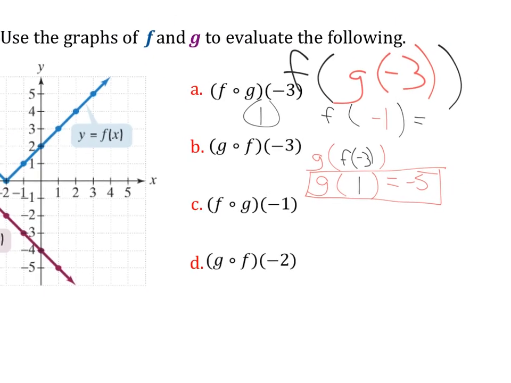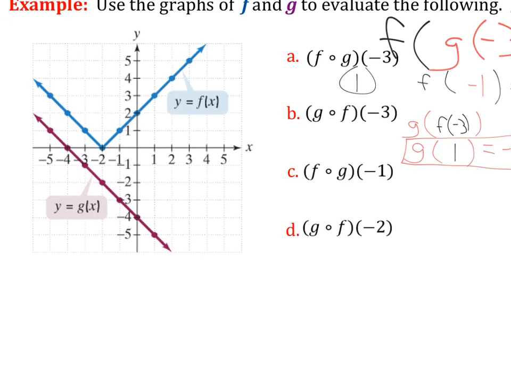All right, f of g of negative 1. I need to figure out g of negative 1 first. So the g function, if x is negative 1, I get negative 3. And I need to plug that into the f function. So negative 3 going into the f function, I'll get 1 for that. G of f of negative 2.